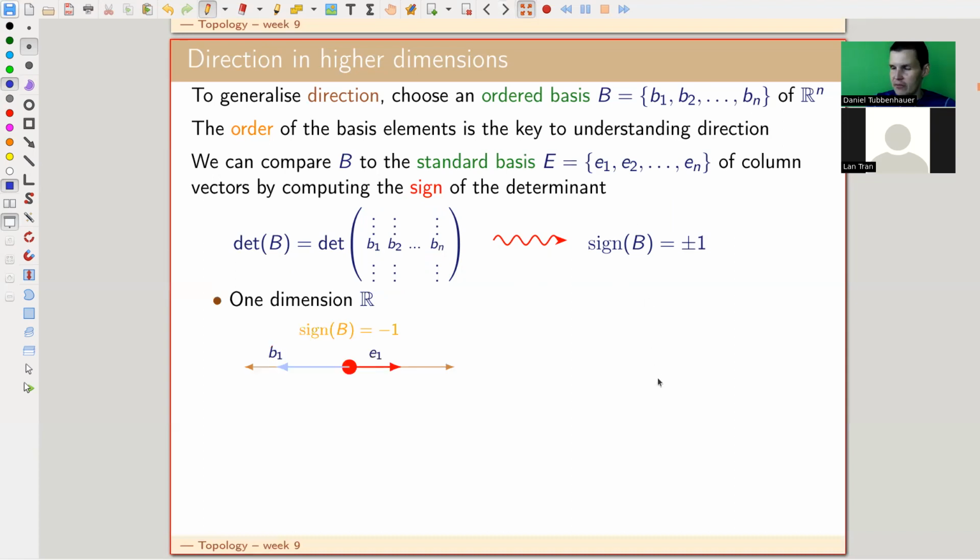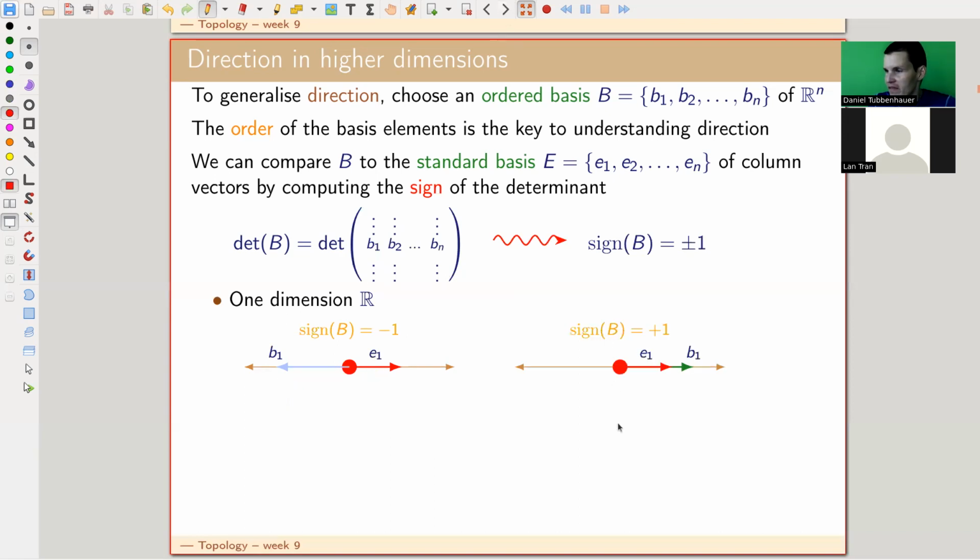Okay, so in one dimension, for example, we compare B with E. So here's our chosen one, B, and here's our fixed one, E. So the E is always the standard one. It's always 1, 0, 0, 0, 0, 1, 0, 0, 0, and so on. Just the usual coordinate vectors. And the sign of this matrix is negative, as you can see, because it's pointing in the opposite direction.